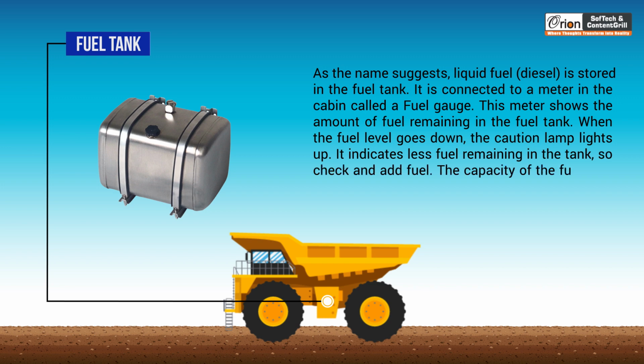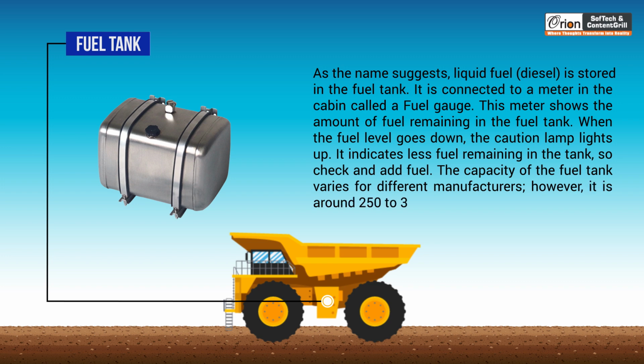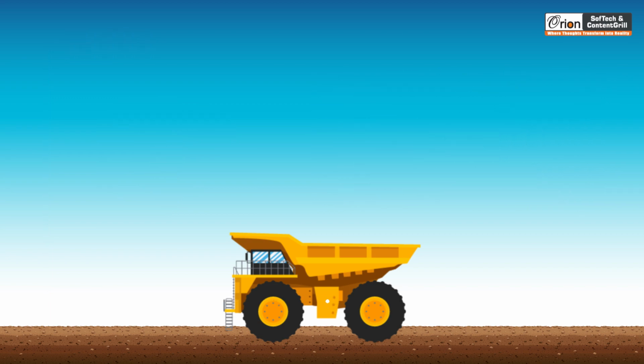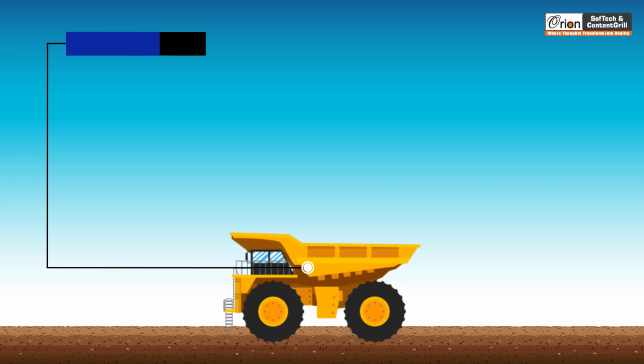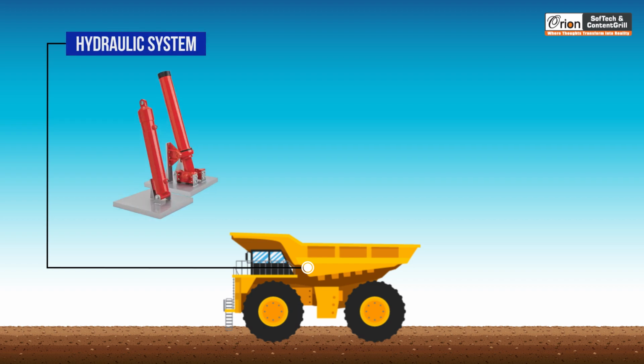The capacity of the fuel tank varies for different manufacturers. However, it is around 250 to 350 liters for most of the dumpers. Hydraulic system. Dump truck hydraulic systems are usually located between the cabin and the body of the dump bed.